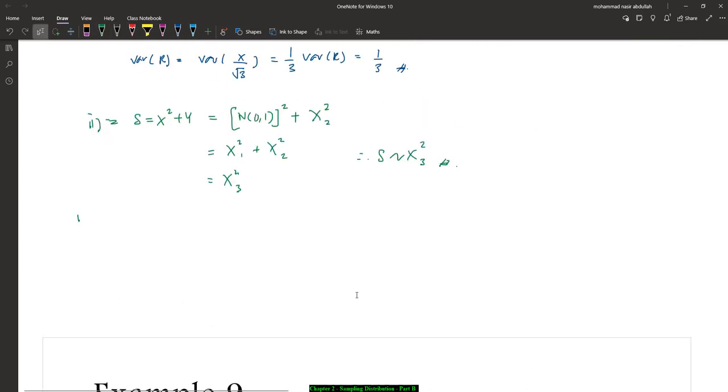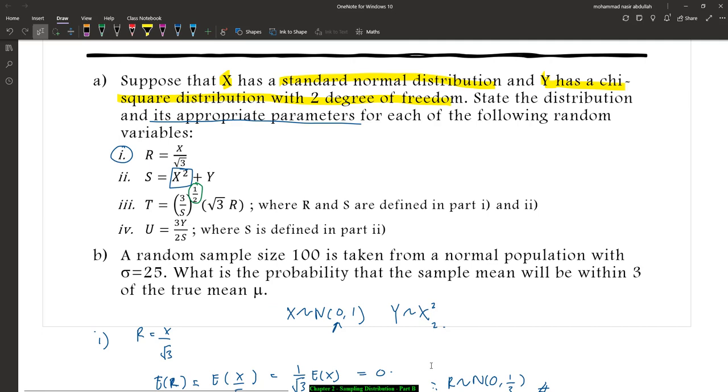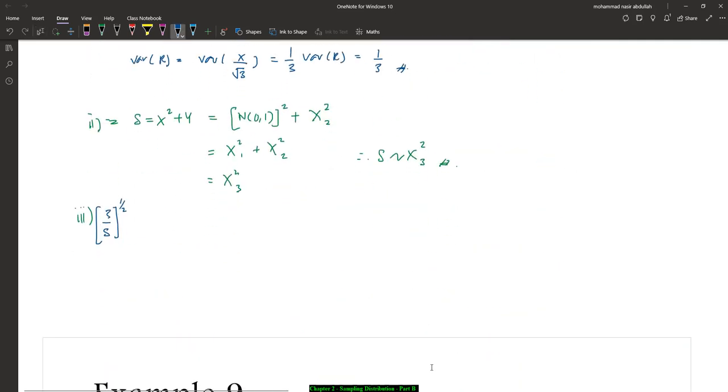So number 3 says that 3 over S, and then we have a 1 over 2 here, and square root of 3 multiplied with R. Okay, and we know from here, don't get confused, R has a normal distribution with mean equal to 0 and variance equal to 1 over 3.